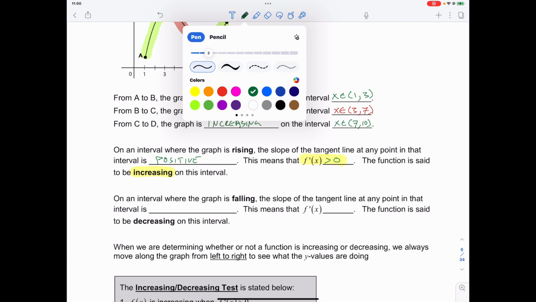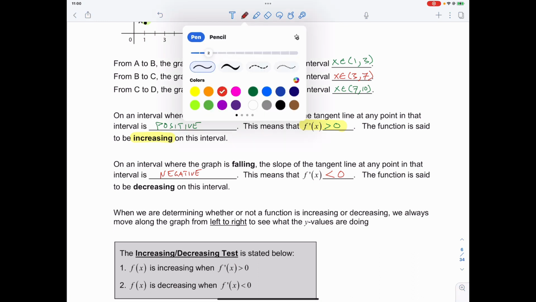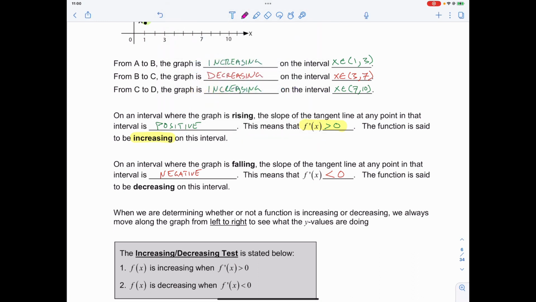Alternately, on an interval where the graph is falling, the slope of the tangent line at any point on that interval is negative. This means that f prime of x is less than 0, and the function is said to be decreasing when it is less than 0.